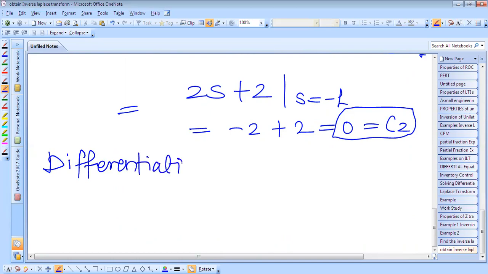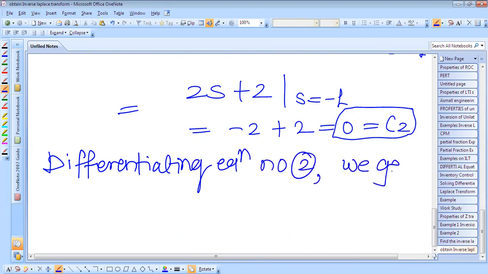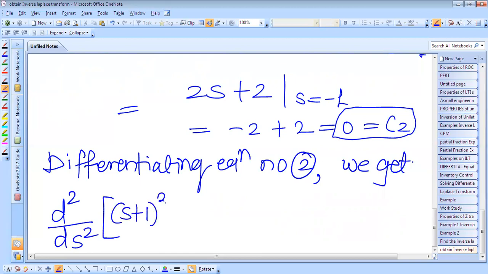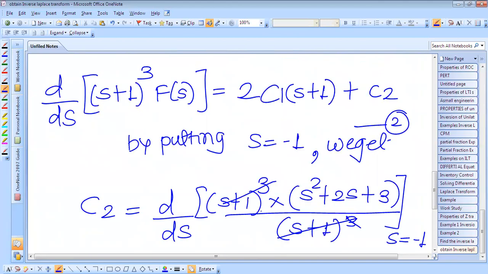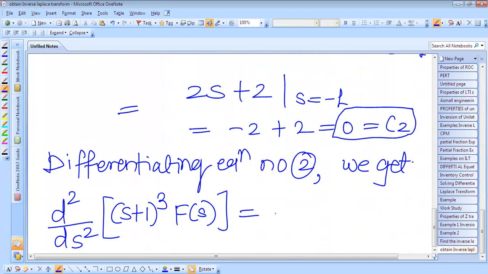Differentiating equation number 2, we get d square by ds square of s plus 1 cube into F of s, and on this side we get 2 times c1, putting s is equal to minus 1.